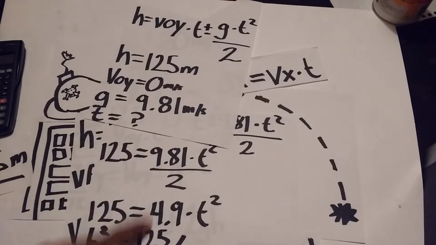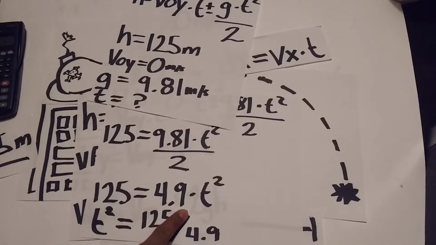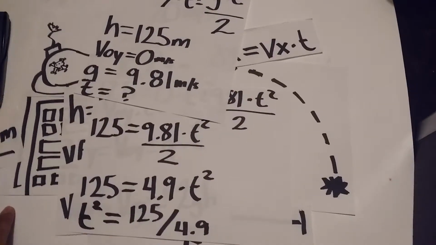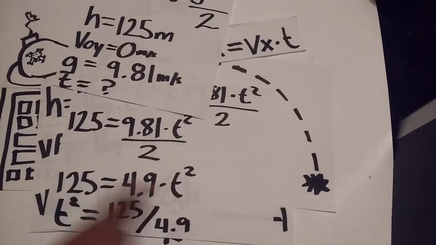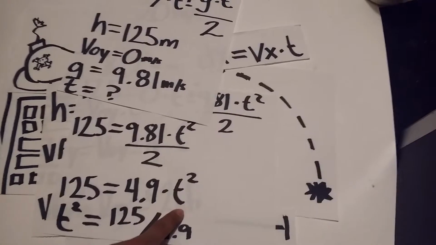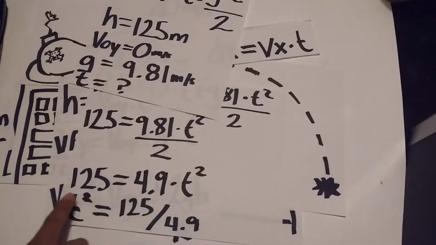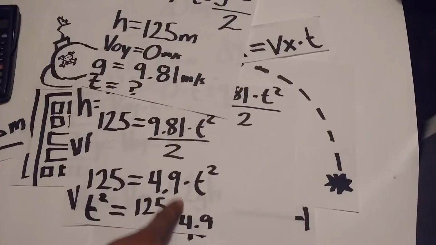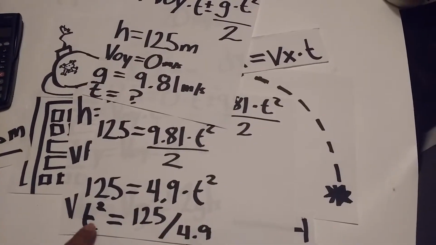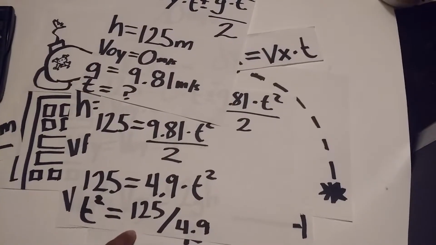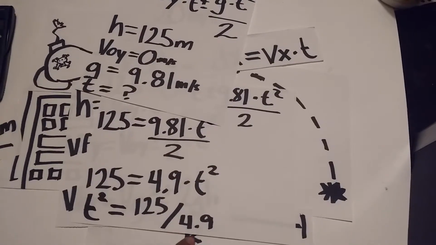This is the result, 4.9. We take off the formula, and this one we pass to the left, and this number we pass to the right. Here it was multiplying, so we pass it dividing. So we have time squared is equal to 125 divided by 4.9.